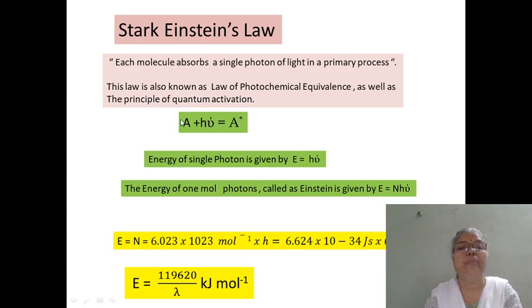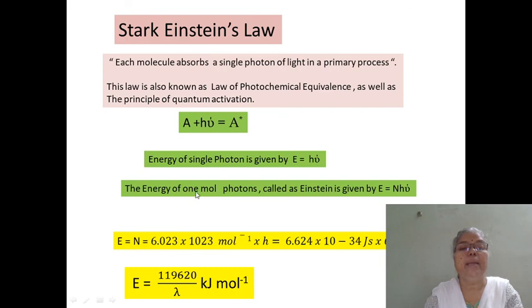Very simple one. Here we have A, our substance, and due to absorption of one photon, h nu, it becomes excited, that means enriched in energy. The energy of a single photon is given by h nu, where h is Planck's constant and nu is the frequency.